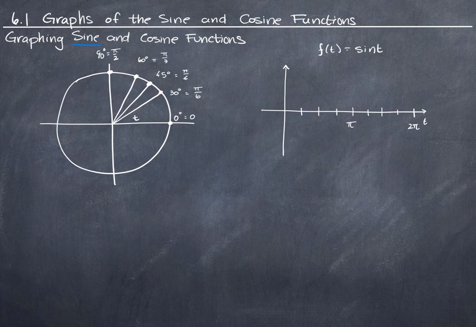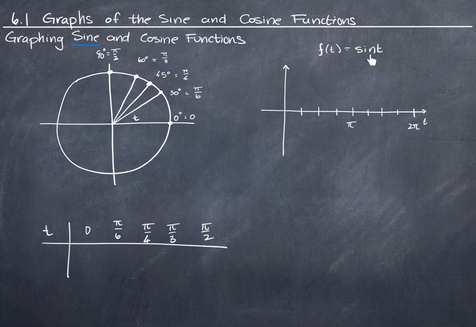So let's make a table of values. I'm going to do that down here. T is 0, pi over 6, pi over 4, pi over 3, and pi over 2. So those are our input values. Our output values are the things that get spit out when we plug these into our function.